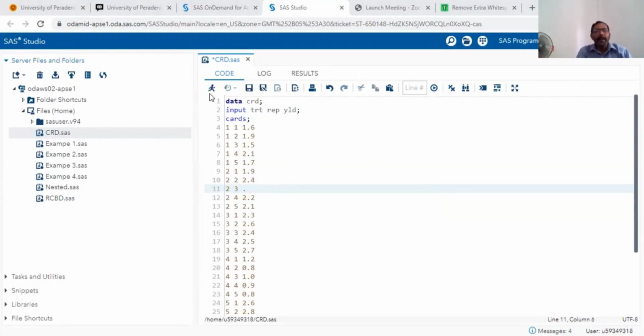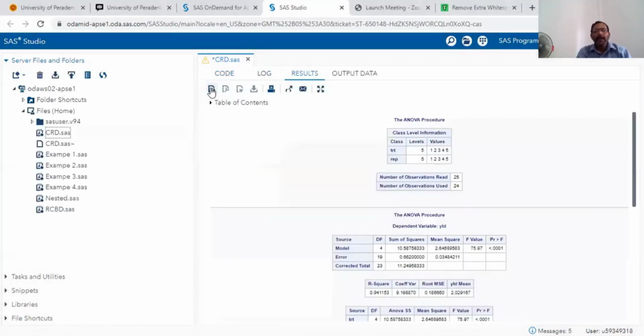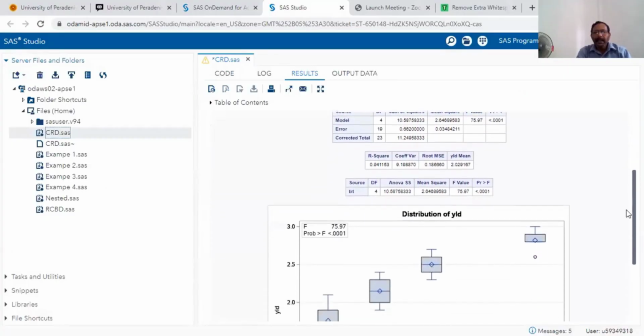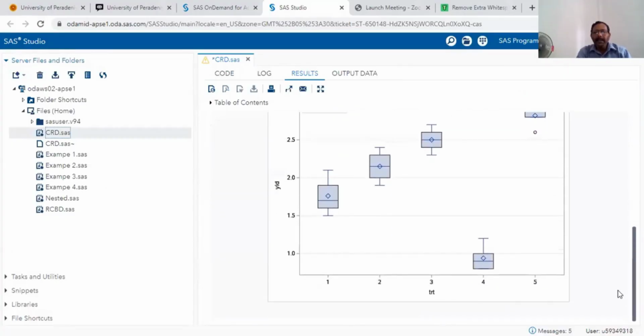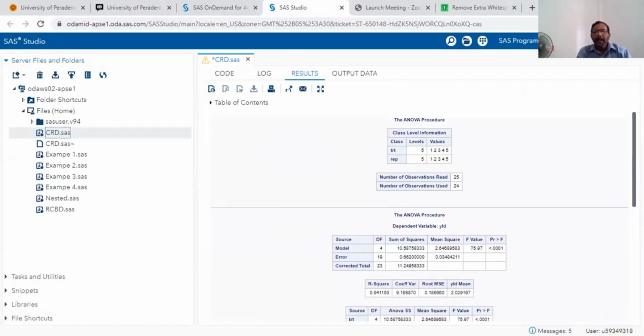I'm going to run the program. You see, it will not run the program correctly. I will come to that. Yeah, there may be a problem. You see here, what is the total number of observations earlier? 25.